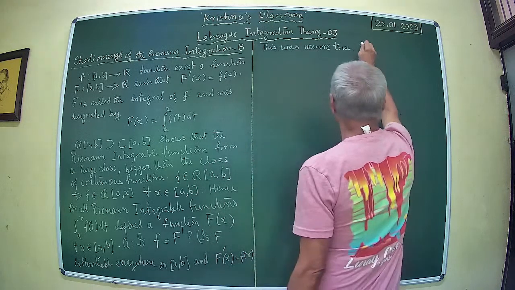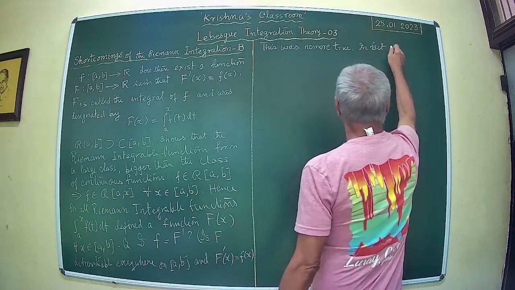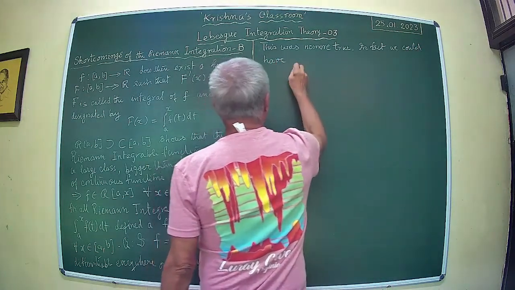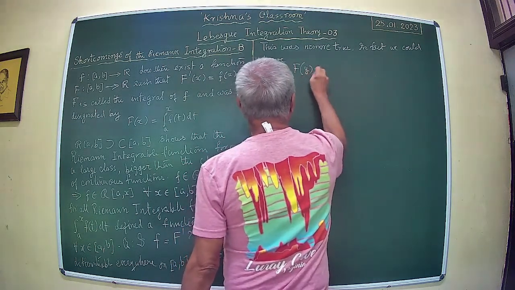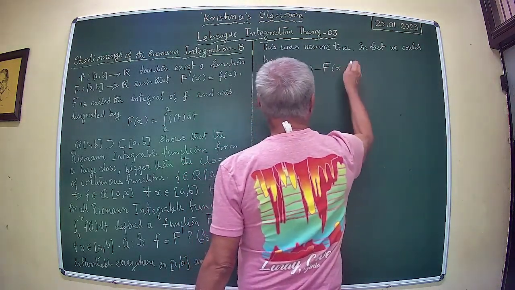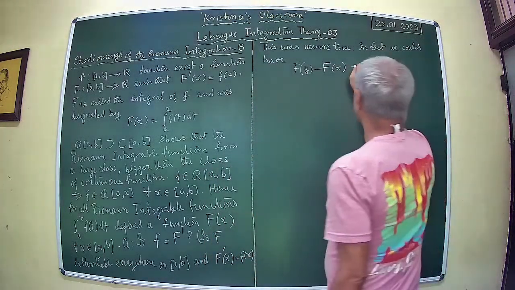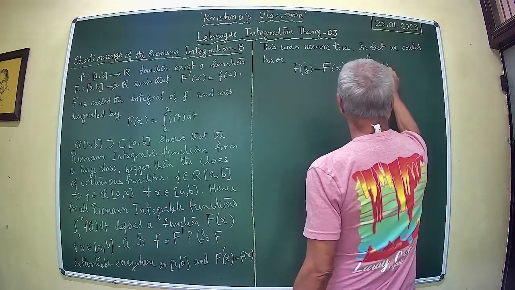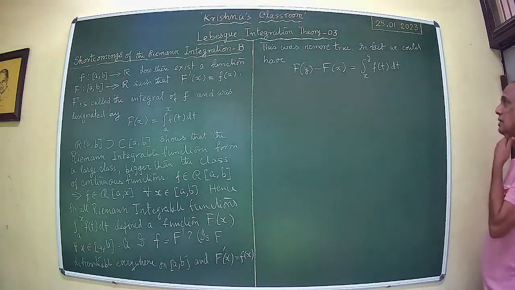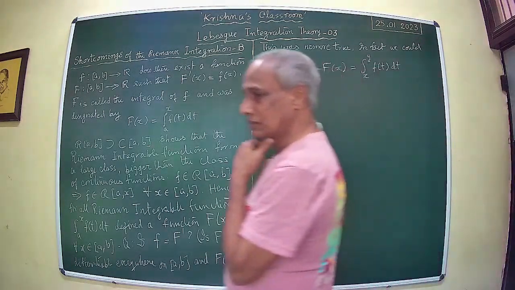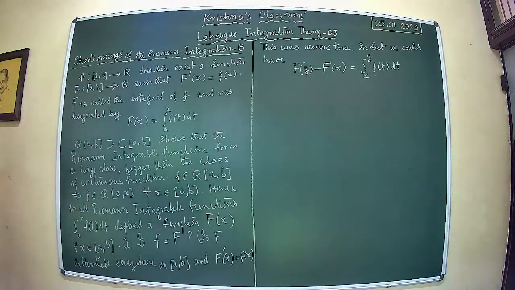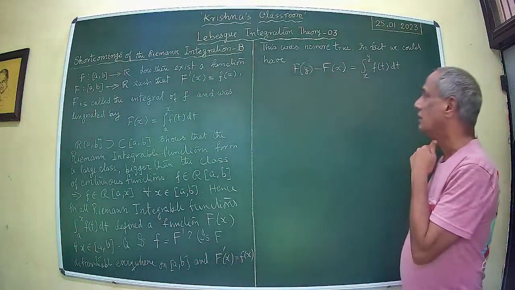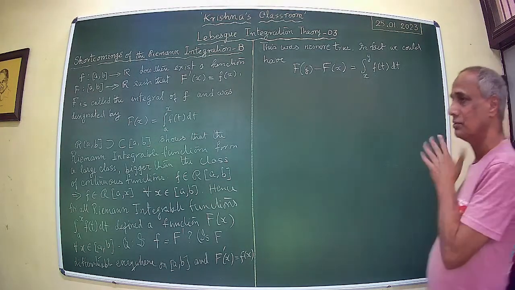In fact, we could have the second fundamental theorem of calculus true for such functions, but it does not follow that capital F is differentiable everywhere and F derivative is equal to small f.